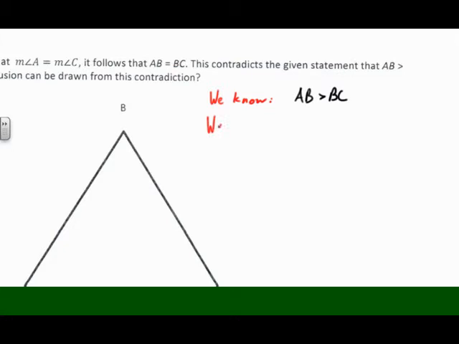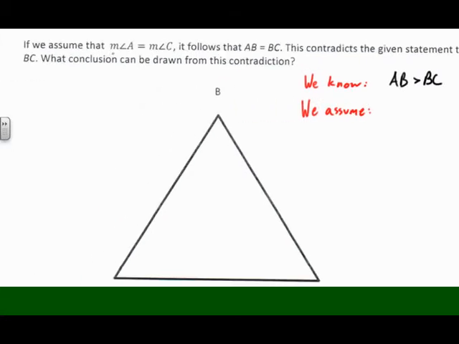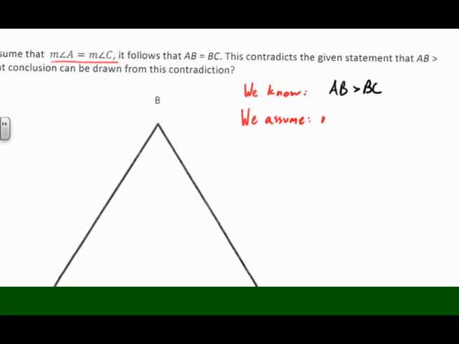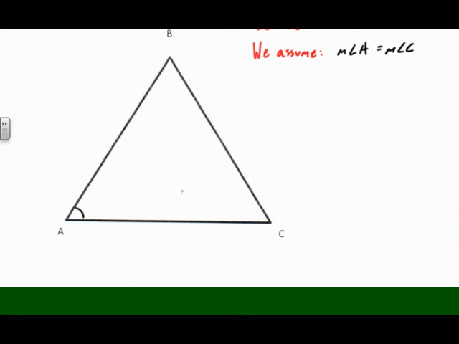We assume that measure of angle A is equal to the measure of angle C. So if we assume that this angle is congruent to that angle, it follows that the side that's across from this angle is going to be congruent to the side across from this angle.